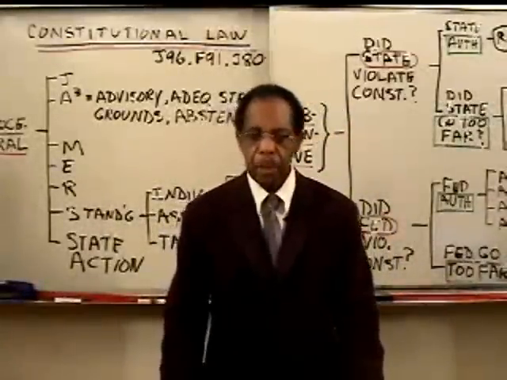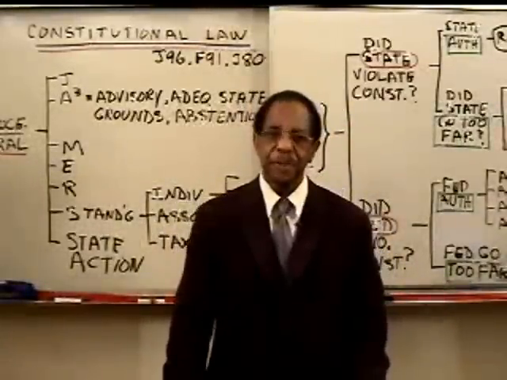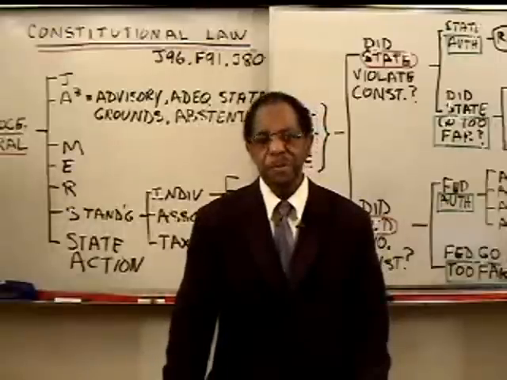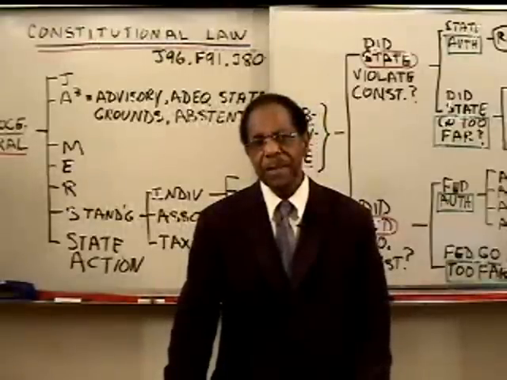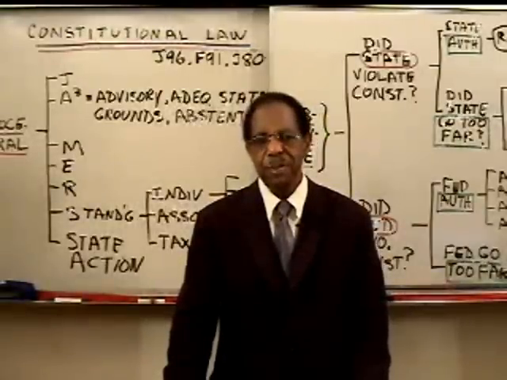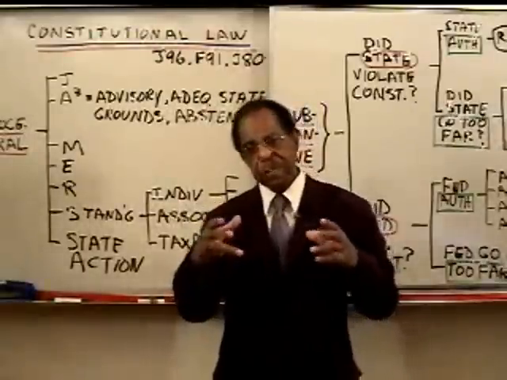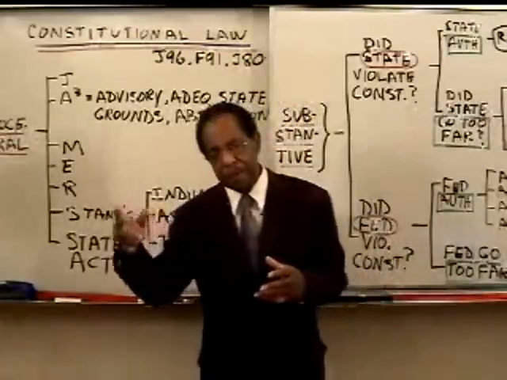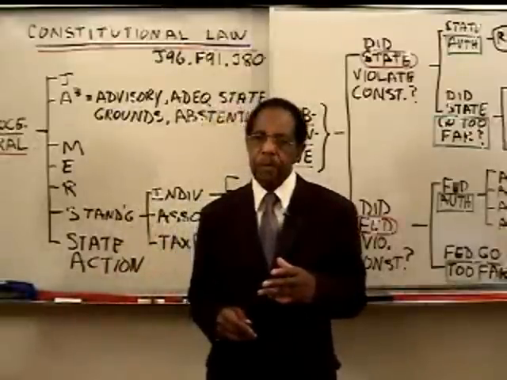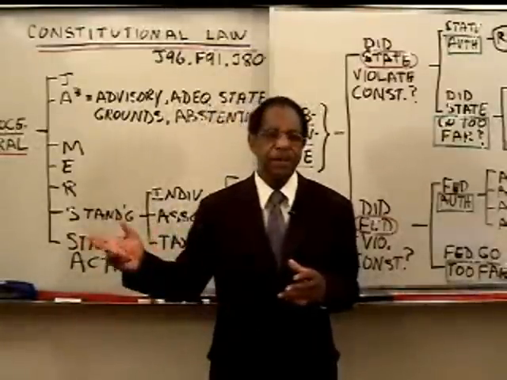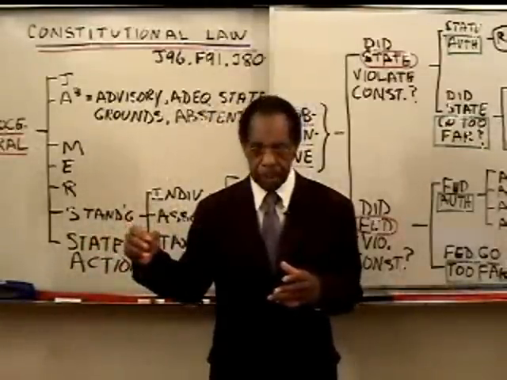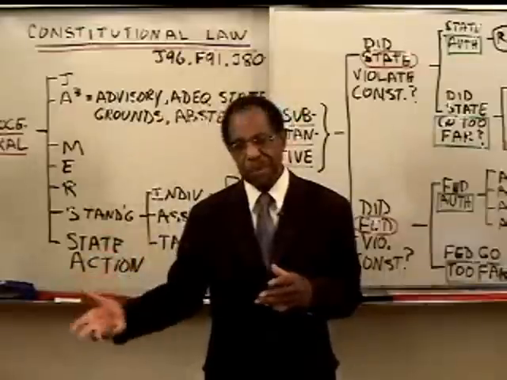The NAACP said, if we give you the membership list, it would violate the freedom of association rights of our members. Now, this is the association speaking for its members.